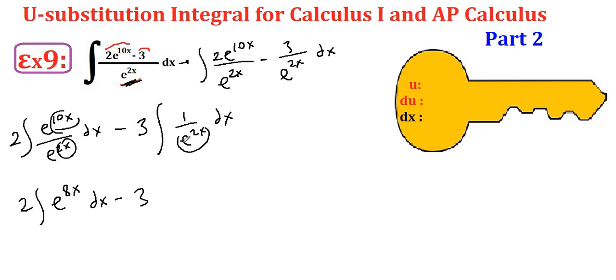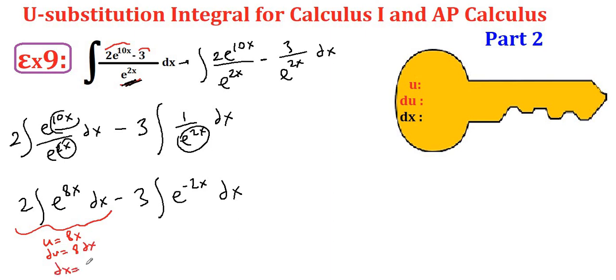And if you bring e to the 2x to the numerator, it becomes e to the -2x, because whenever you move it, the power changes the sign. Now we know how to integrate these. Now let's do u substitution here and there. Let u in this integral be 8x, then du will be 8 dx, and if you solve for dx, it's going to be du over 8.